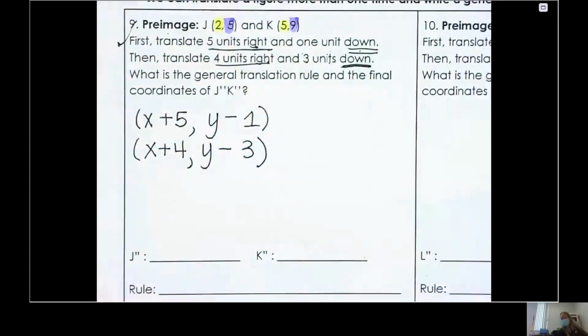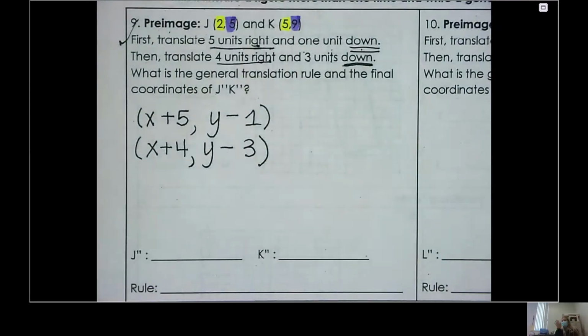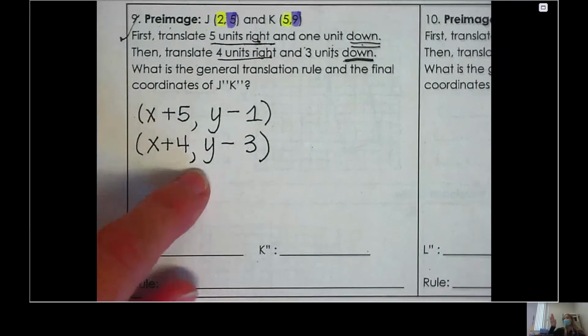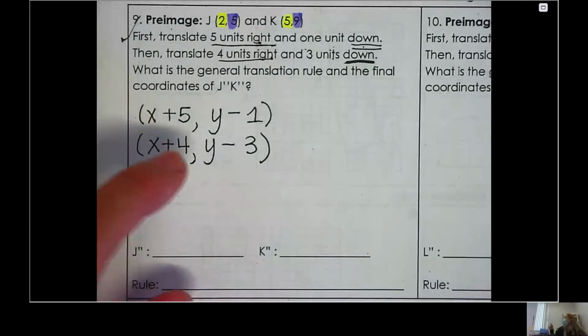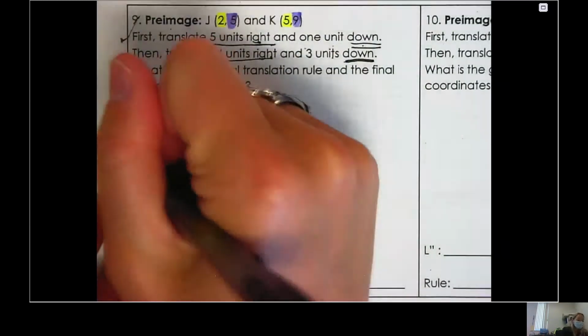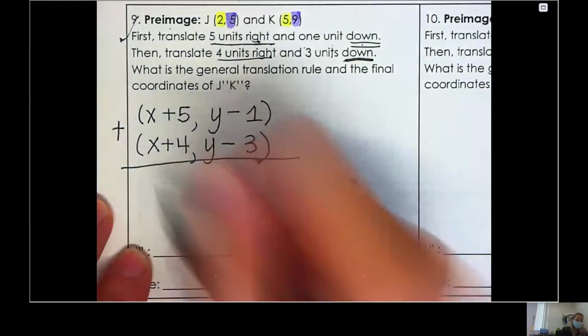Okay, so now let's think about this logically for a second. If I have a picture and I moved it 5 units to the right and then 4 units to the right, how many units to the right did I really go? 9. I went 9 in total. So essentially I'm just adding these together.